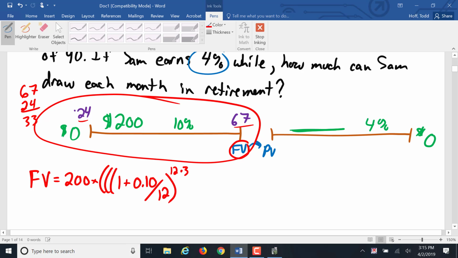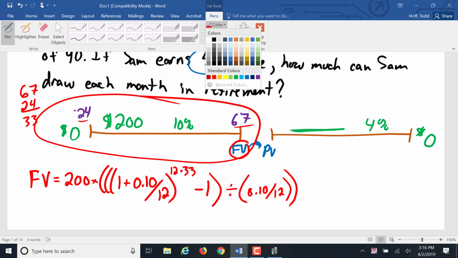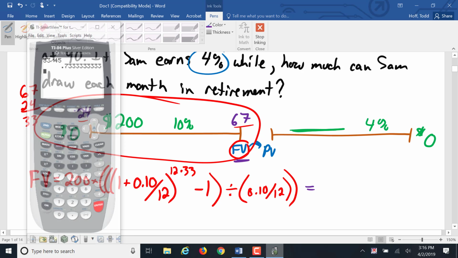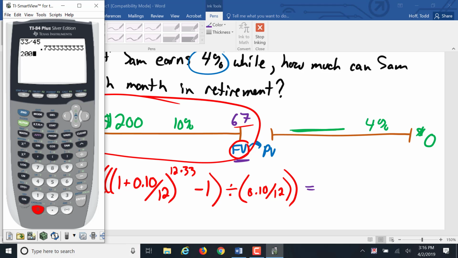So 12 times 33 years minus 1, close parentheses, divided by, open parentheses, 0.10 divided by 12, close and close. So that's going to give us that future value at the end of the accumulation phase.